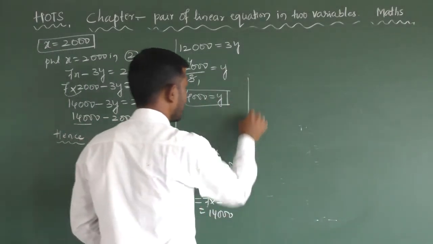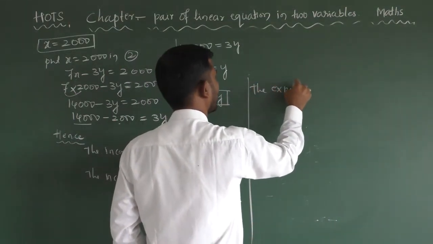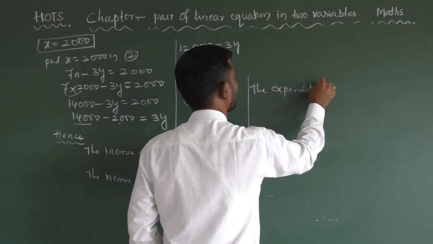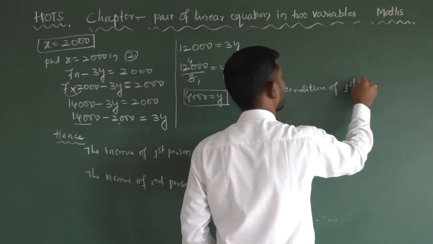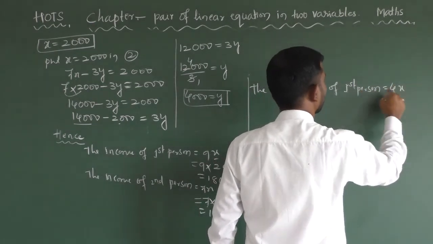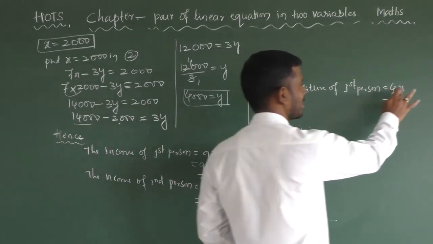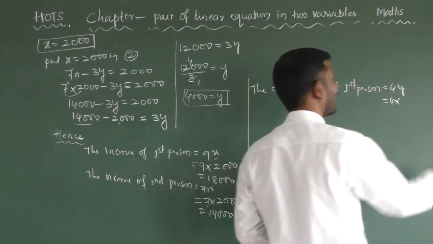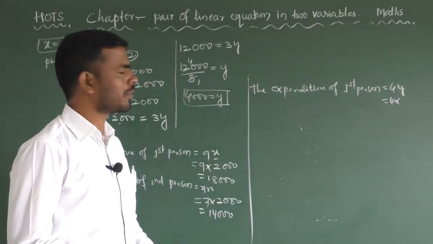Next, the expenditure of the first person is 4y. Expenditure we have to consider as y, that's why we take 4y.